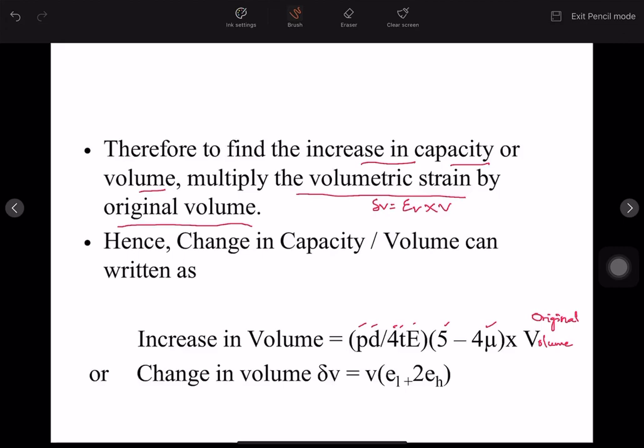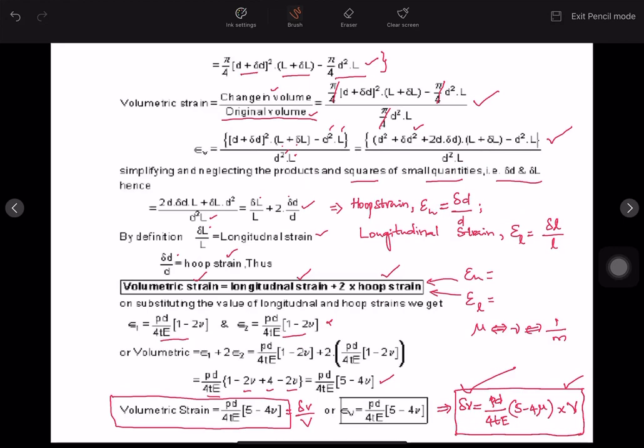Or change in volume can also be found out if you have directly hoop strain and longitudinal strain values. You can also solve the change in volume by using this equation, because we have a relation of volumetric strain as this here, right? So we can use this equation as well.